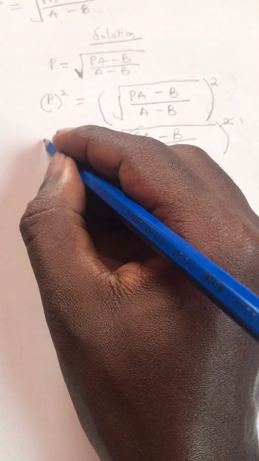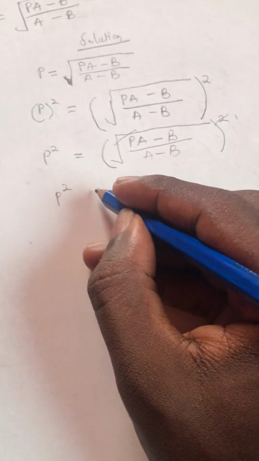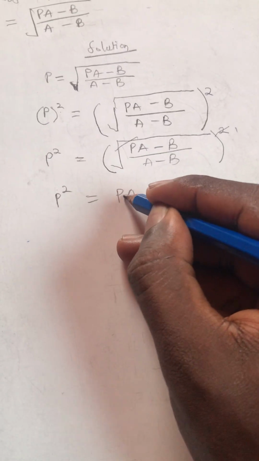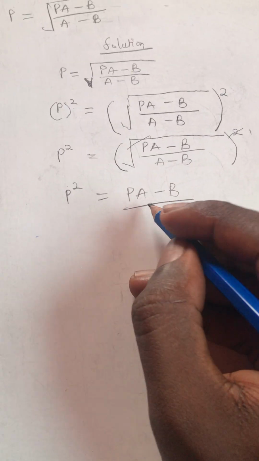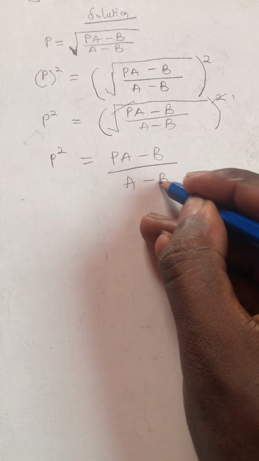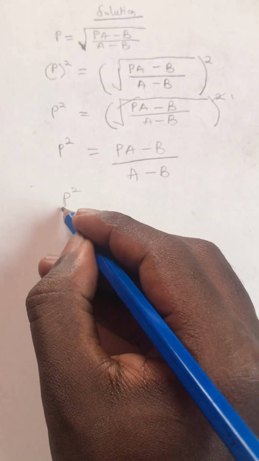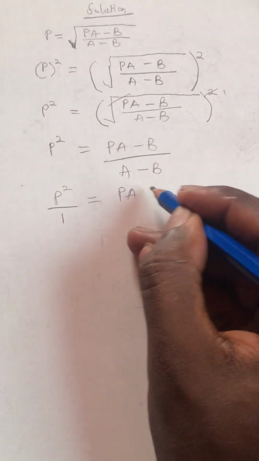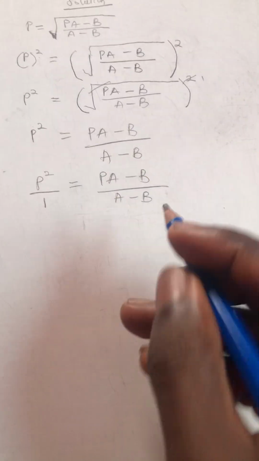So we are going to have P squared equals the fraction PA minus B all over A minus B, right? So P squared is divisible by 1, so it stands on its own as P squared over 1, equals PA minus B all over A minus B, right?